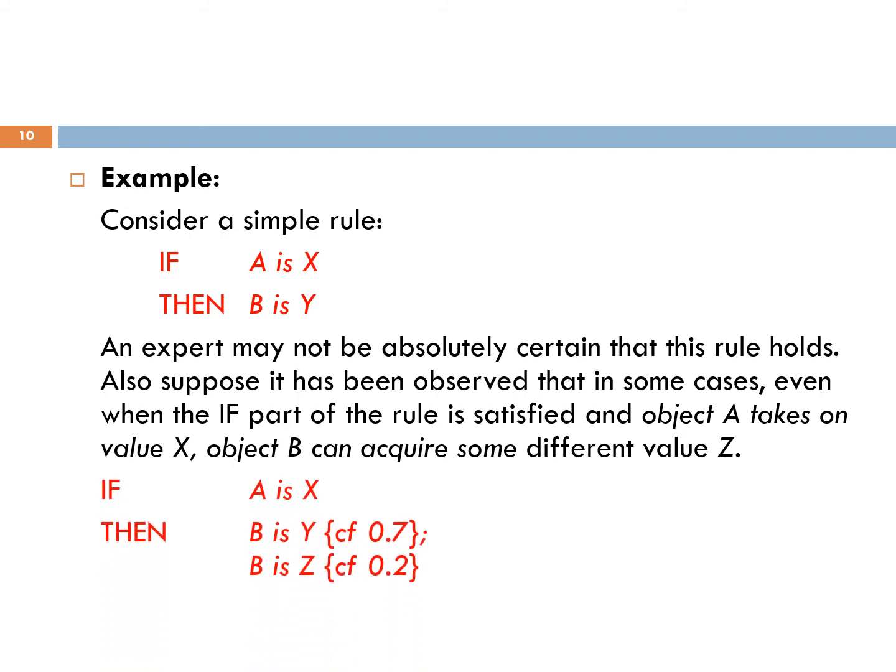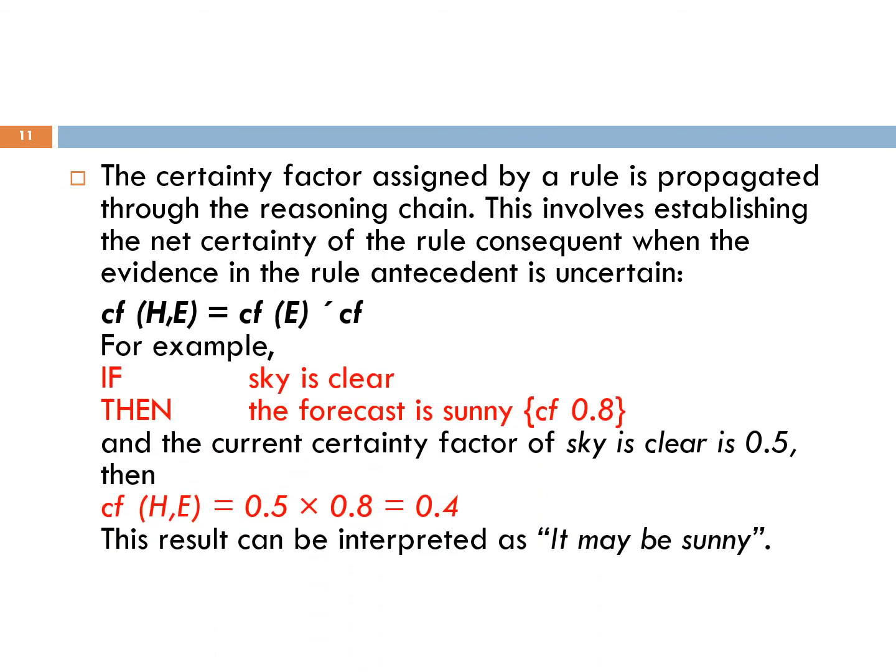So this is from the simple rule. The expert might say that if A takes the value X, there might be a 0.5 certainty factor for B to get Y and a 0.2 certainty factor for B to get Z. So the certainty factor assigned by a rule is propagated.